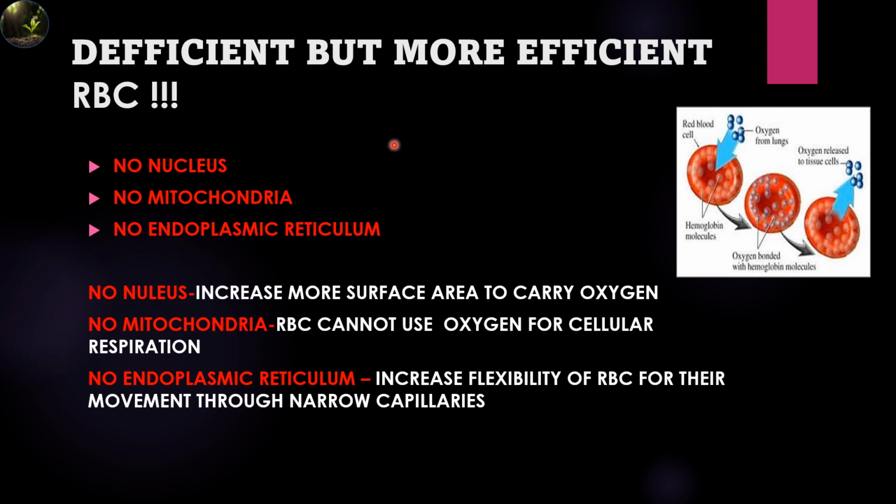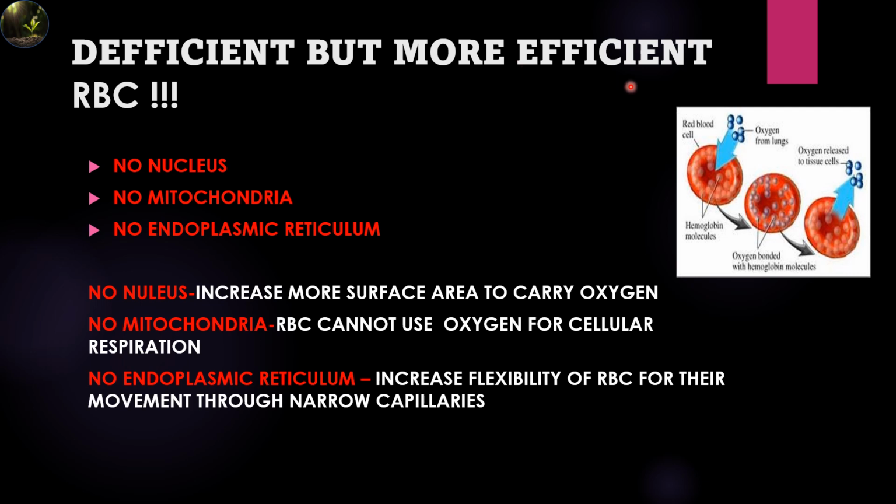These cell organelles are present in almost all the cells. But in RBC, these cell organelles are absent. Why are these cell organelles absent in RBC? That we can discuss. Because of the absence of these cell organelles, we can say RBCs are deficient.